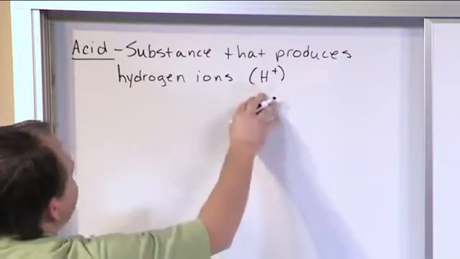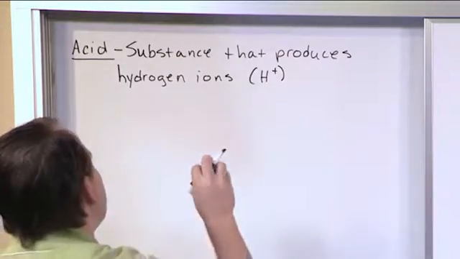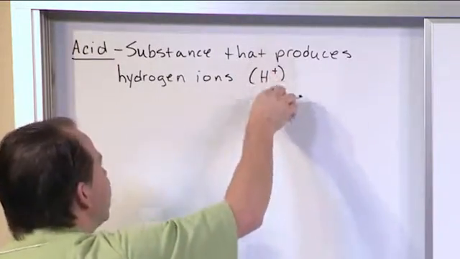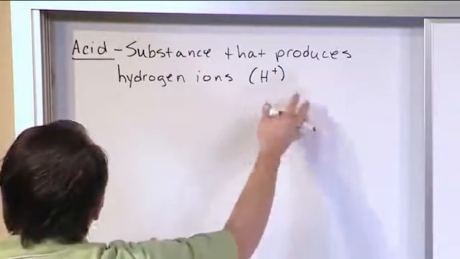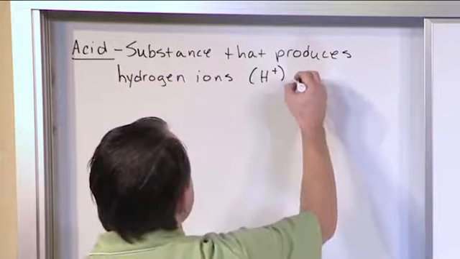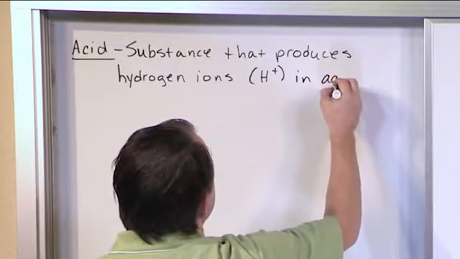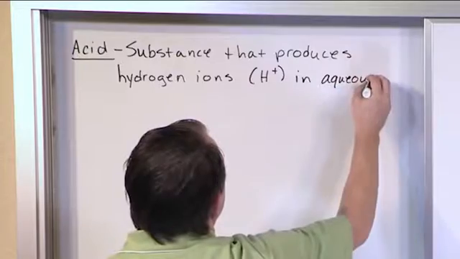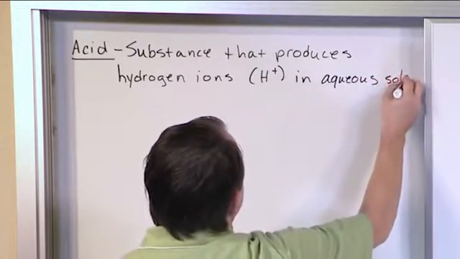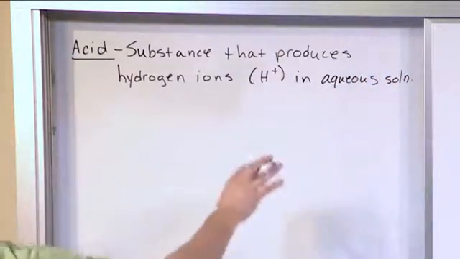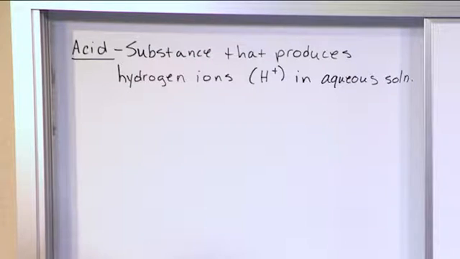Like in the previous sections when we had sodium ions, we'd put Na+. So this is just hydrogen ions, no different, in aqueous solution. This is exactly what we've said verbally, so there's nothing really different here.